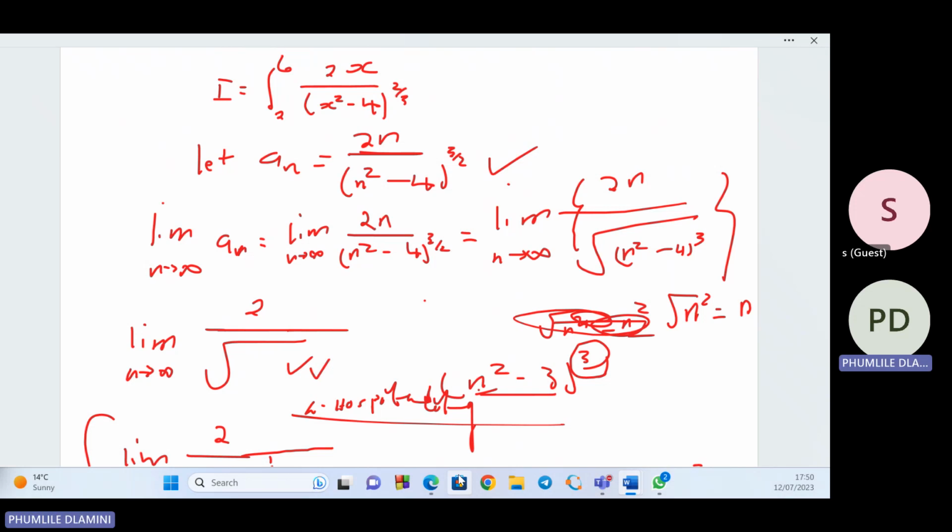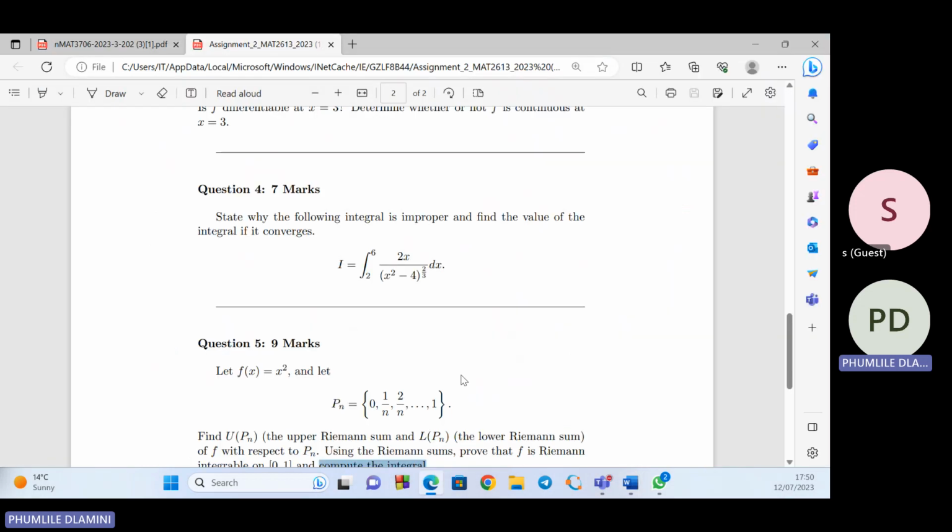There is something I'm going to give you an idea about. When we were working question number 5, we proved that the integral from 0 to 1 of x squared was equal to a limit as n approaches infinity. So we are going to read the question again, because understanding the question is very important.